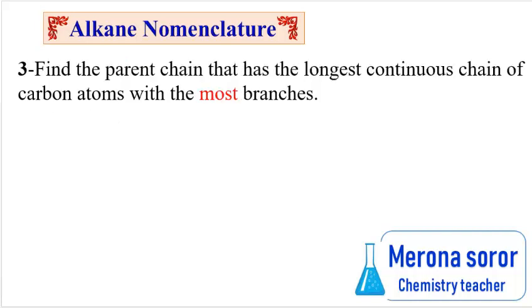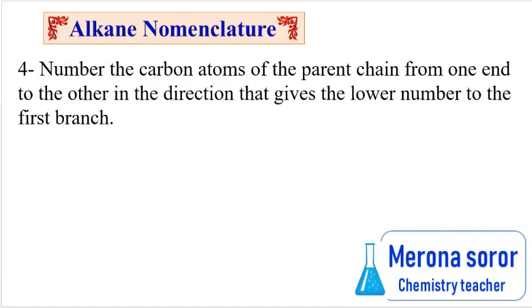Find the parent chain that has the longest continuous chain of carbon atoms with the most branches. Step number 4: number the carbon atoms of the parent chain from one end to the other, in the direction that gives the lowest number to the first branch.